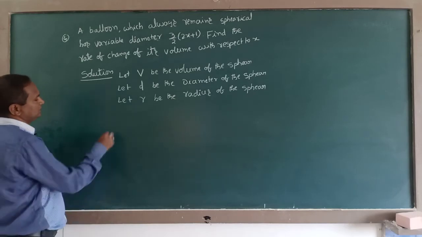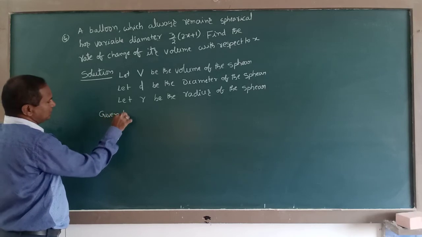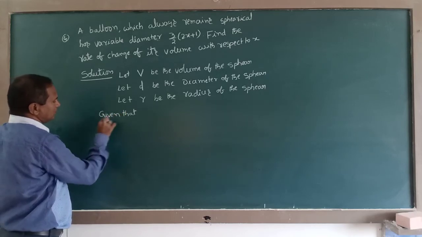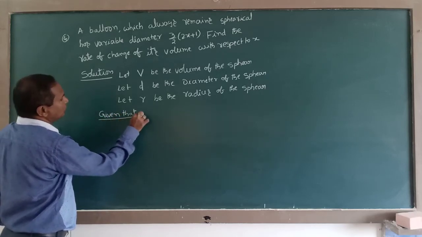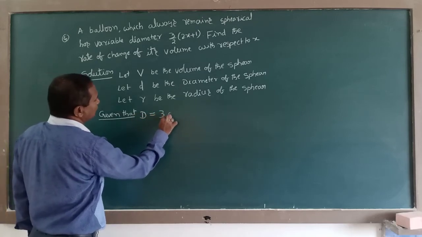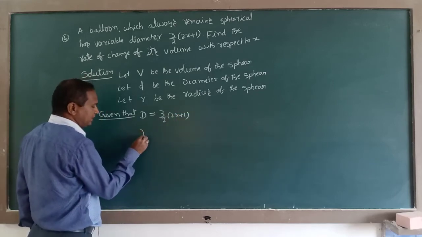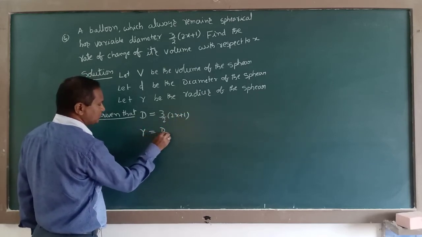What they are giving here? Given that, capital D is equal to 3 by 2 of 2x plus 1. Then r is equal to radius, r is equal to d by 2.